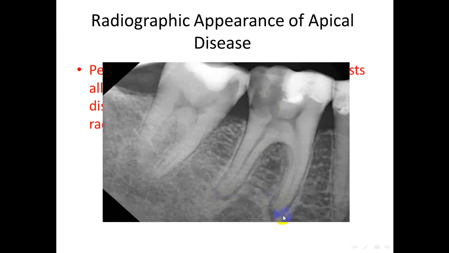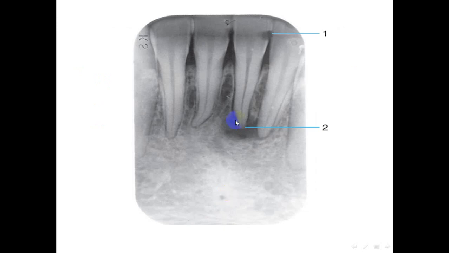It is called periapical periodontitis because the periodontal ligament is a part of the periodontium. So it is an infection of the periodontal ligament but at the apex. So it is called periapical periodontitis. And that periapical periodontitis may become very large to show a periapical pathology.